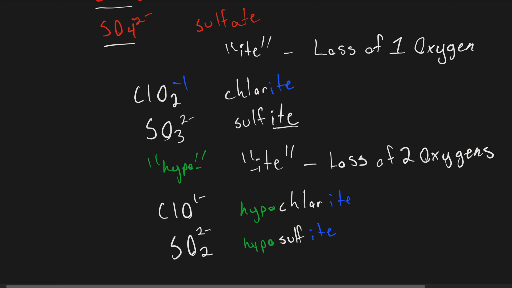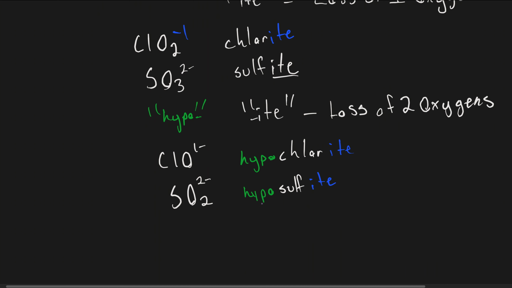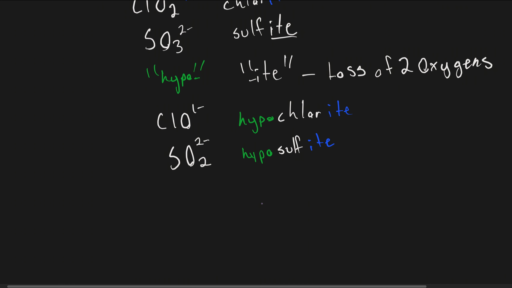Now this all comes nice and neat when we know that it has a loss of oxygens. For the loss of 1 oxygen, we simply change the suffix from "ate" to "ite," and for the loss of 2 oxygens, we add the prefix hypo and still keep the suffix "ite." So we get chlorate to chlorite to hypochlorite. Now let's say we actually gain oxygens.